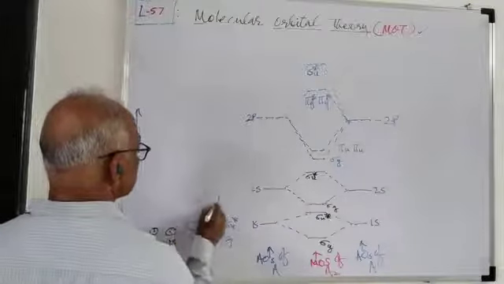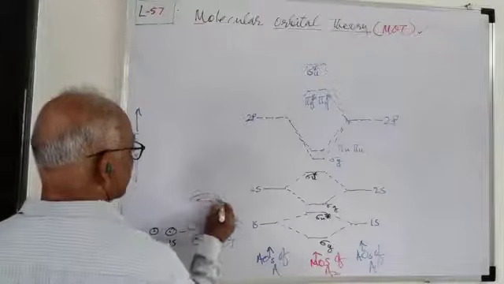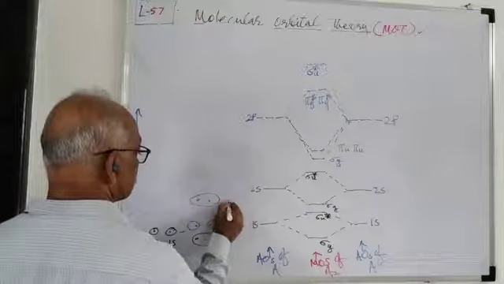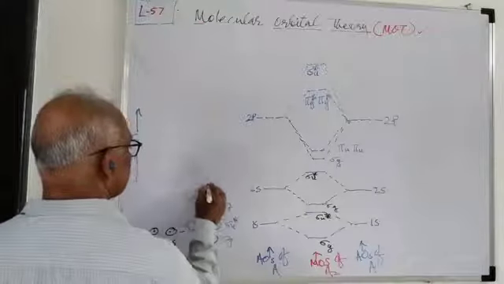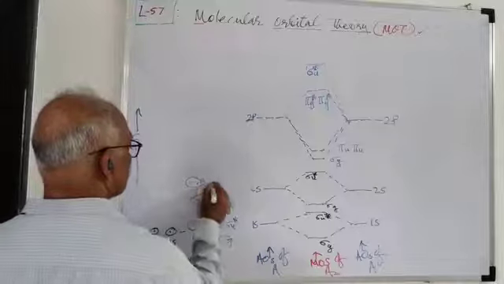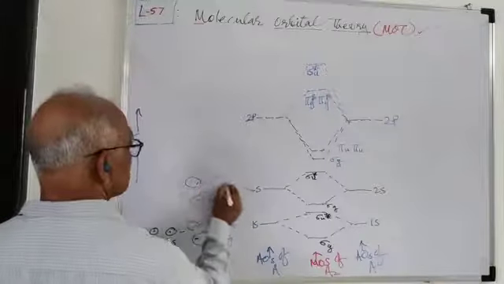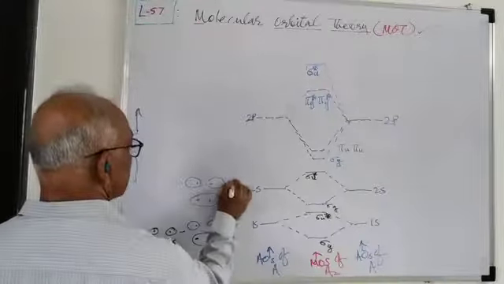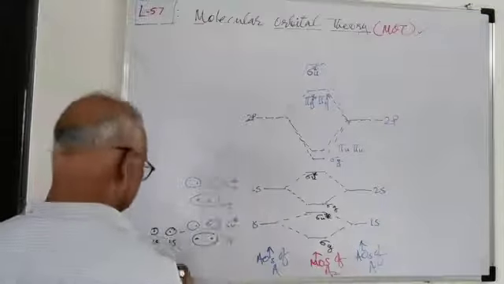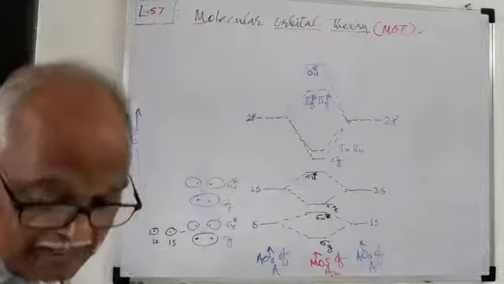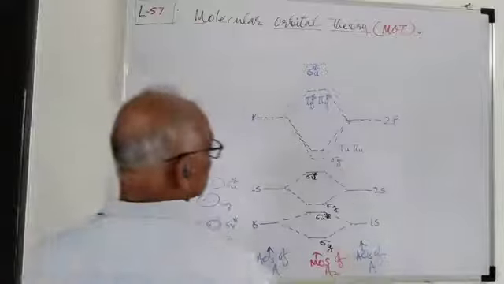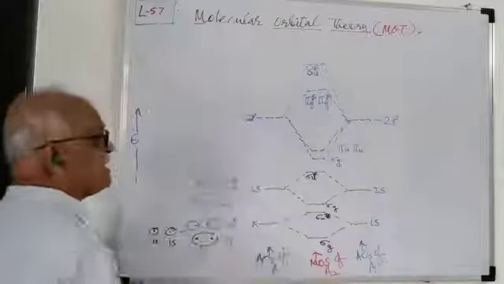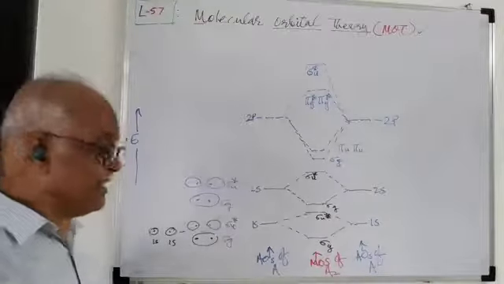So there is formation of bonding molecular orbital that is called sigma G, and these are antibonding molecular orbitals called sigma star U.